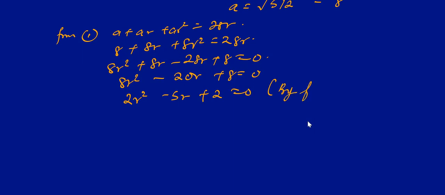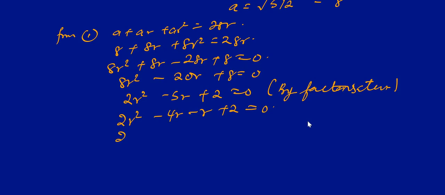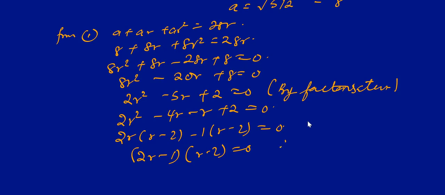By factorization, you're going to have 2R squared minus 4R minus R plus 2 equal to 0. So you have 2R bracket R minus 2, minus 1 bracket R minus 2, equal to 0. So 2R minus 1 into R minus 2 is equal to 0. Therefore, R is equal to 1 over 2 or 2.